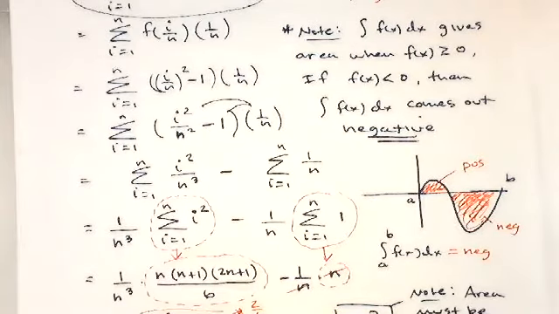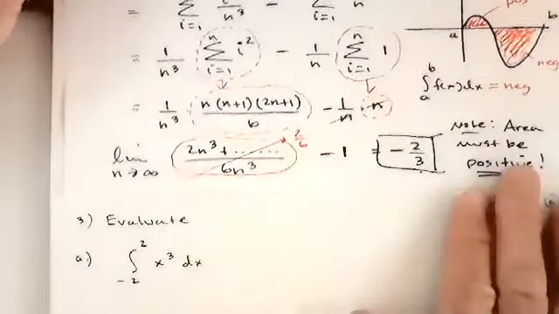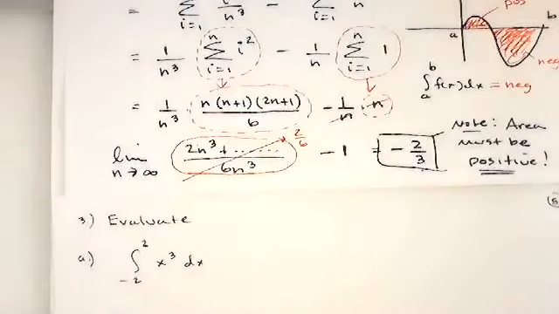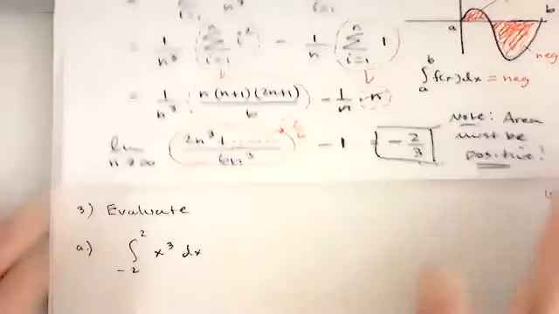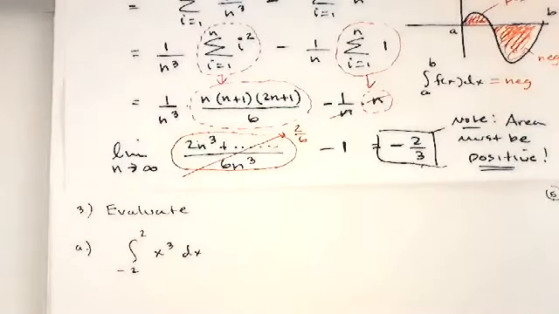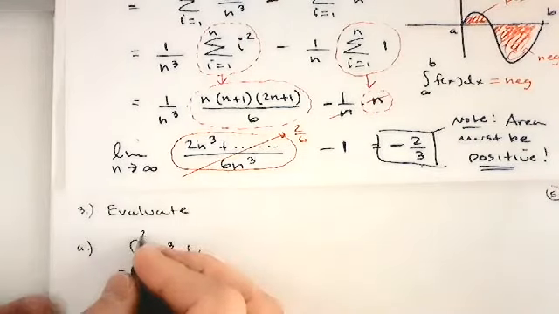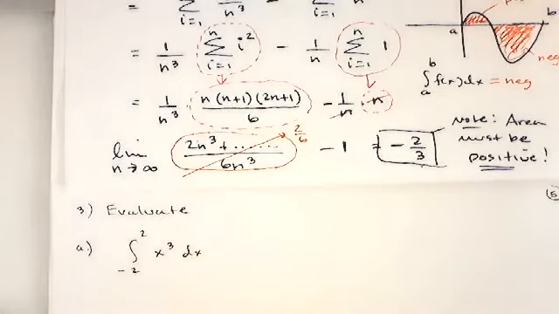If I could maybe squeeze in, I know I'm over time here, but this might help really solidify that idea. Say you were asked to evaluate the integral from -2 to +2 of x cubed.